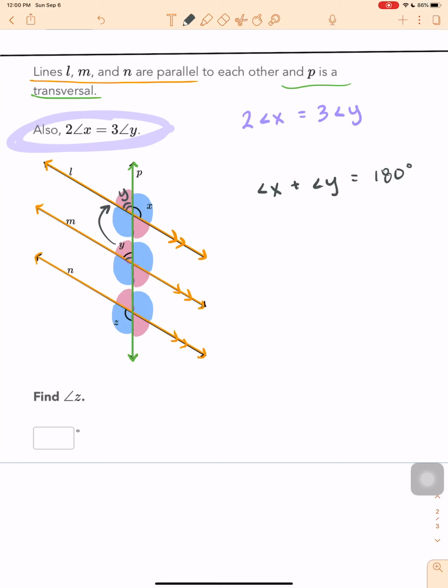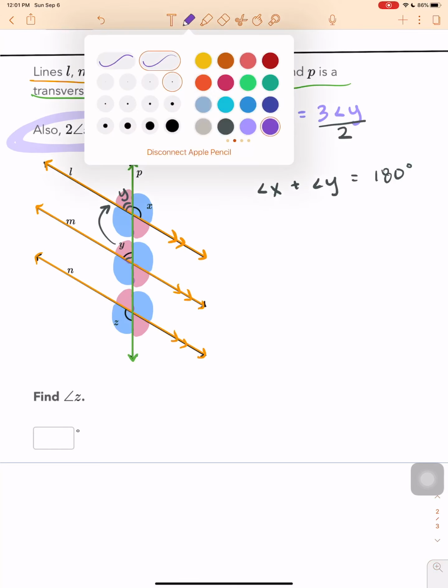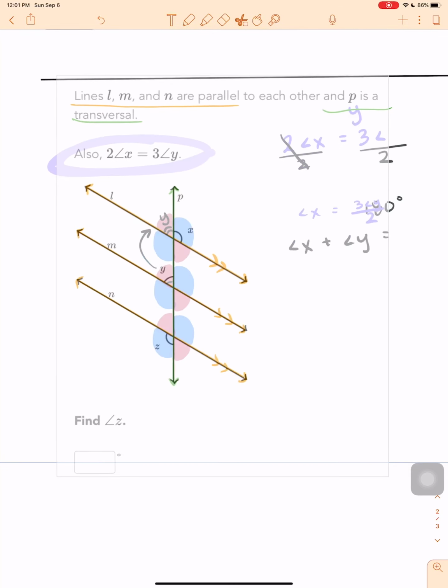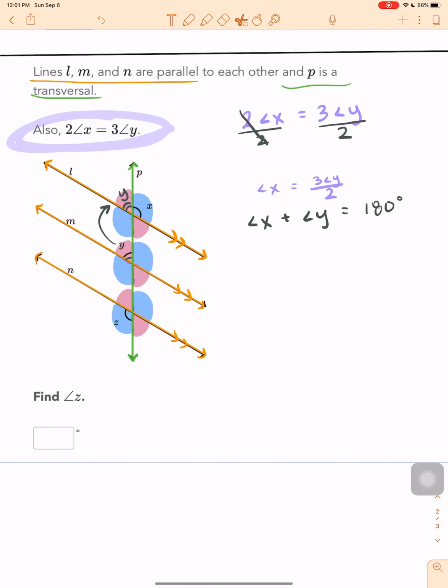Now there's no way for me to solve this right now. I need just one variable. So I'm going to solve for x up here. I'm going to divide both sides by 2 to get angle x by itself. So now angle x is equal to 3 times angle y, all divided by 2. Let me make this a little bit bigger.